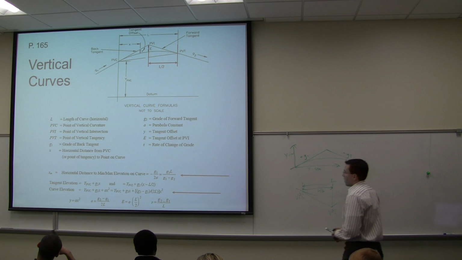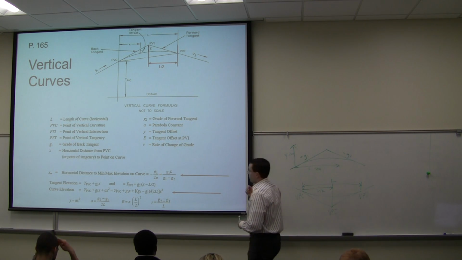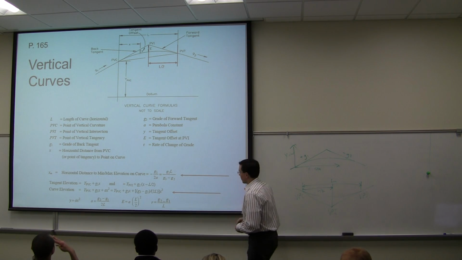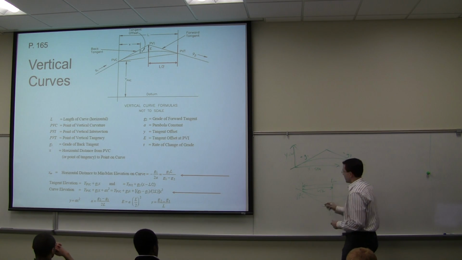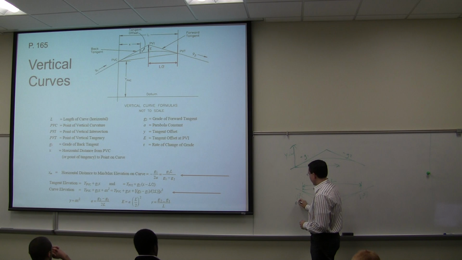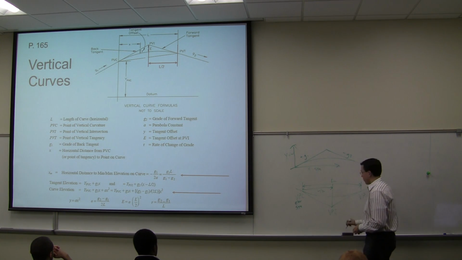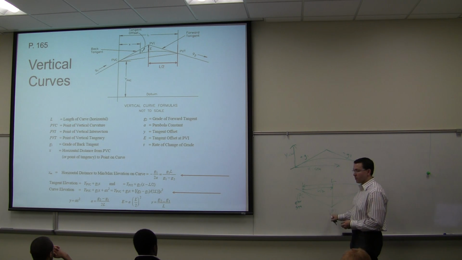The only tricky part, or the only thing you really have to remember that isn't explicit here, is that for each of these points, VPC, VPI, and VPT, we're interested in the elevation of that point and the station of that point. You'll almost always be given the VPI information at the start of the problem.